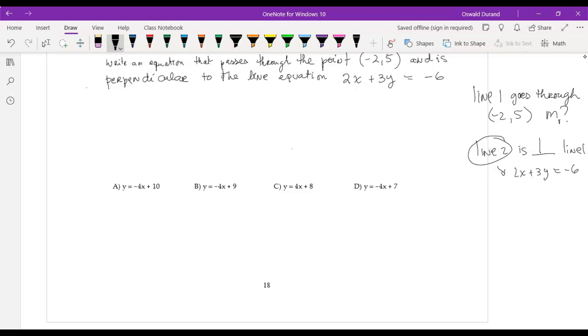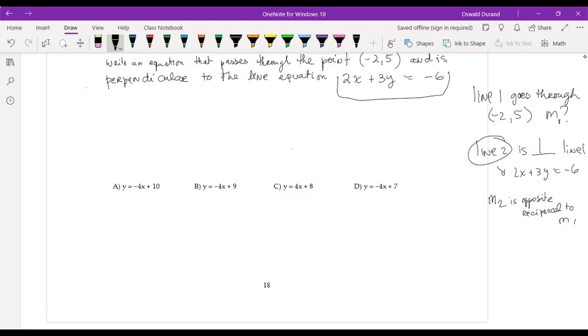What does that mean for me? Well, it means that I know the relationship between those two lines, right? Because I know that the slope m2 of this is the opposite reciprocal of m1.